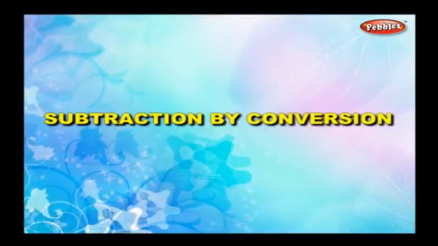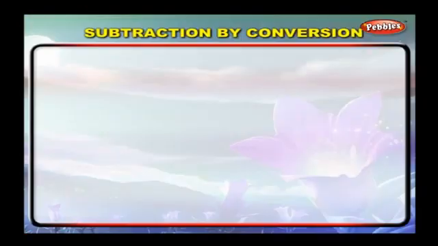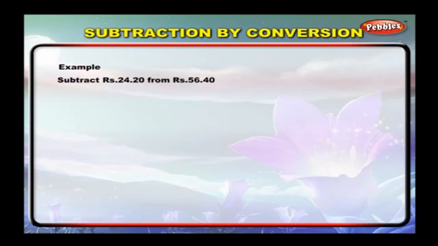Subtraction by conversion. Example: subtract 24 rupees 20 paise from 56 rupees 40 paise. Solution: Step 1. Convert them into paise.